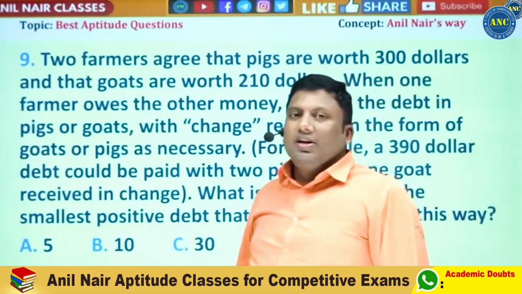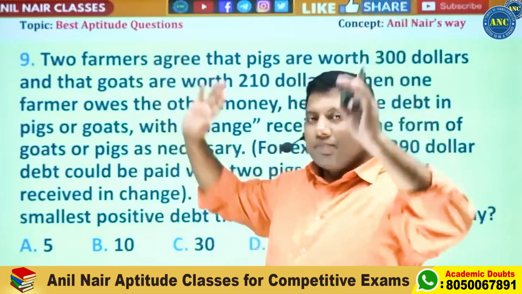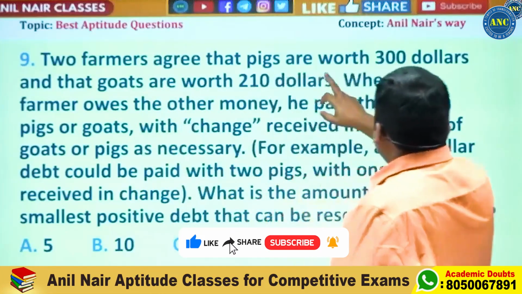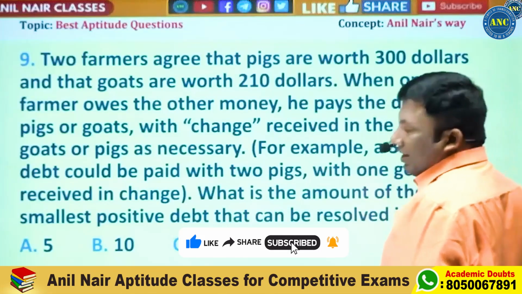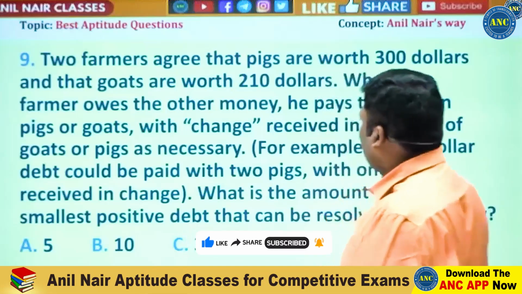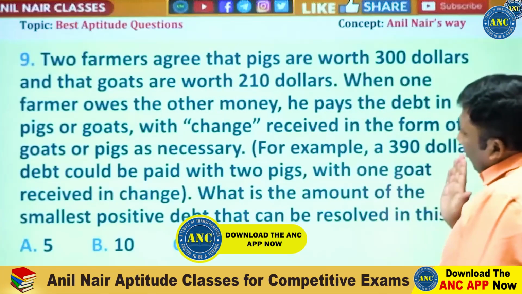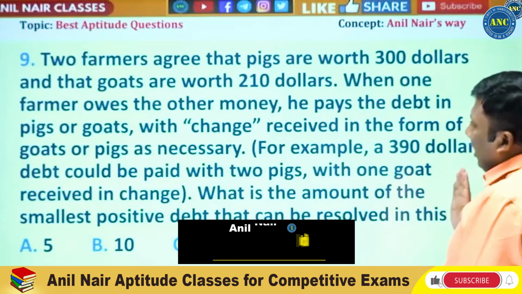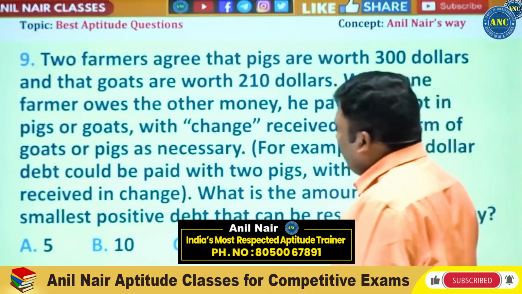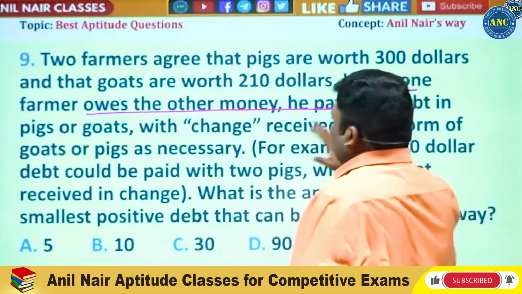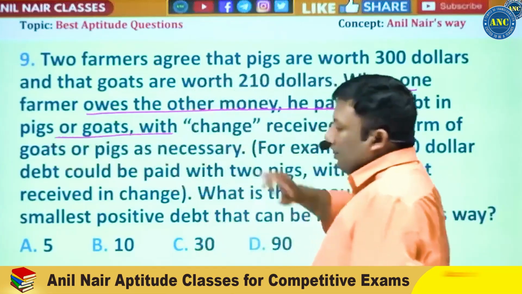Each pig is worth $300 and each goat is worth $210. When one farmer owes the other money, he pays the debt in pigs or goats.